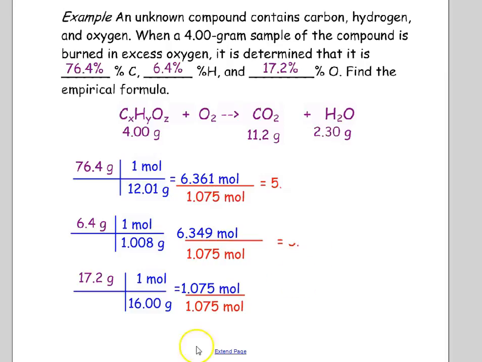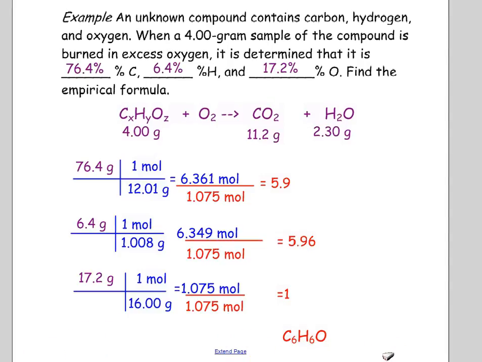There they go. And we end up with numbers that are not really one of those fractions we looked at. Remember, this is an experimental science, and there could be small amounts of errors. So 5.9 and 5.96, those are really 6. The formula is C6H6O.